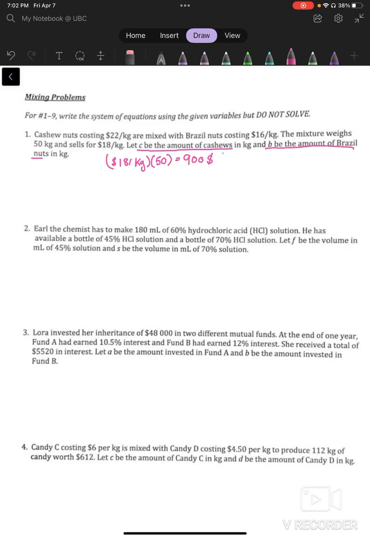So now I can set up the two equations. So the cashew nuts C times 22 plus the Brazil nuts B times 16 will equal $900 total.